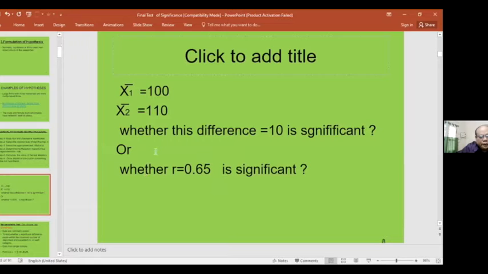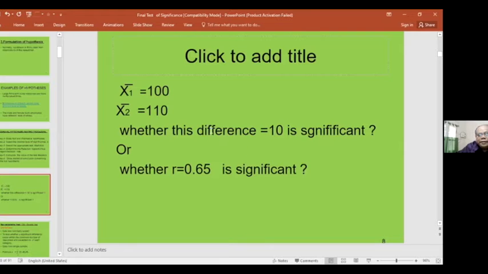Now, as I have said, the mean income of Silchar is 110, and the mean income of Karimganj is 100. So there is a difference of 10. Whether this 10 is significant or not: if it is significant, then you may conclude that this difference is not by chance, and a true difference is there. So the mean income of Silchar is more than the mean income of Karimganj.